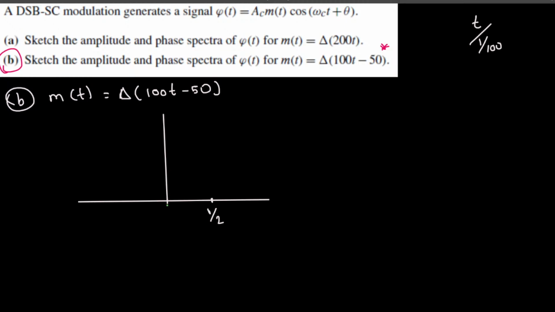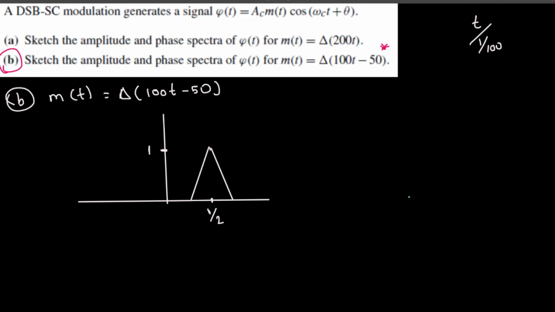Usually, if you don't have any shift, the width will be 1 over 100 this side, 1 over 100 this side. The height is 1 because we don't have any amplitude here. So the height is going to be 1 right here, and the width is going to be 1 over 100 to the left, and 1 over 100 to the right.